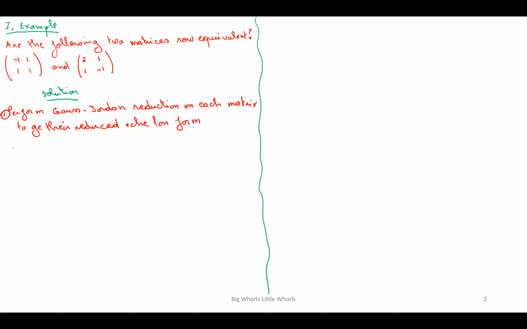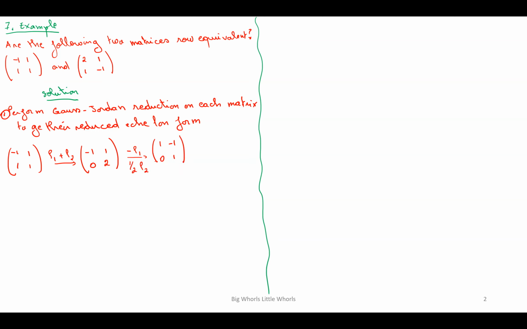So let's do it. We have our first matrix is minus 1, 1, 1, 1. So let's do Gauss-Jordan, very easy. We have row 1 plus row 2, okay, minus 1, 1, and 0, 2. Now we need to turn the leading entries into 1, so we have minus row 1 will give us 1 minus 1, and then we have a half, row 2 will give us 0, 1.